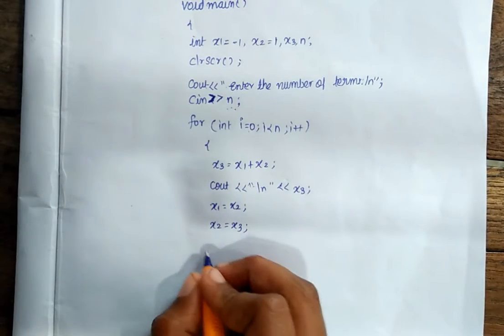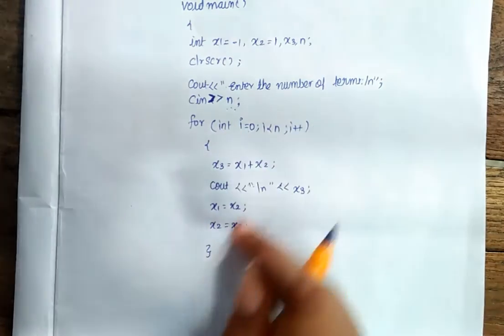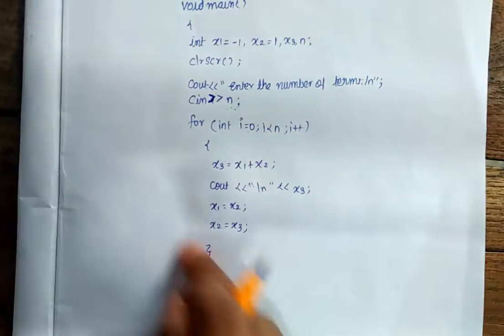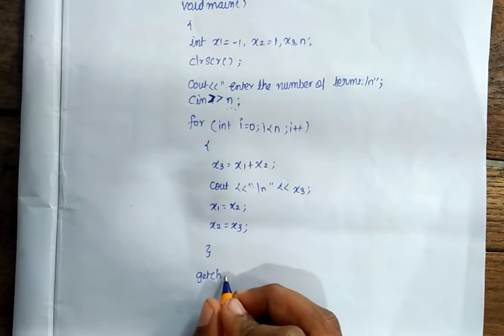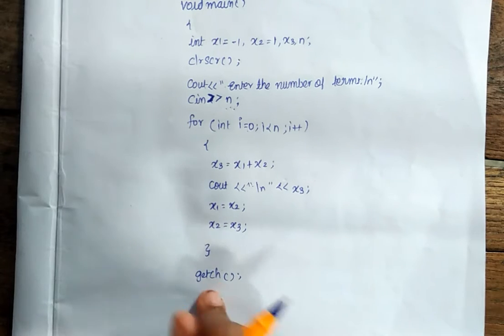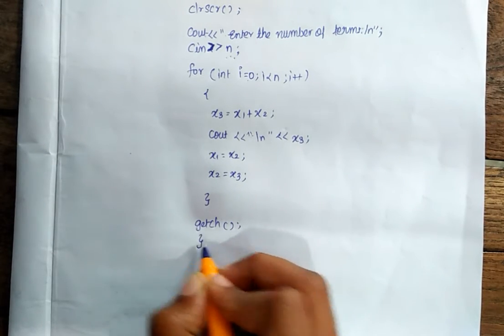The for loop, for i equal to 0, i less than n, will operate with these statements. Then, since we are using void main, you need to use the getch function. After that close the loop.